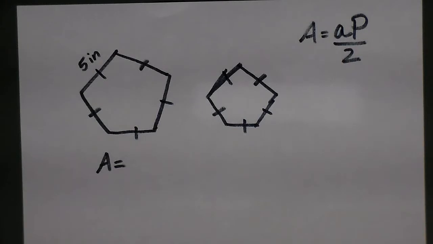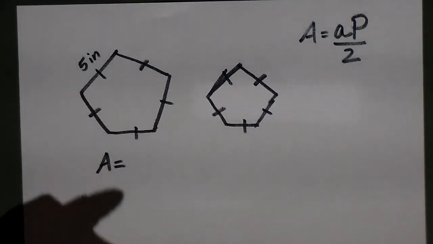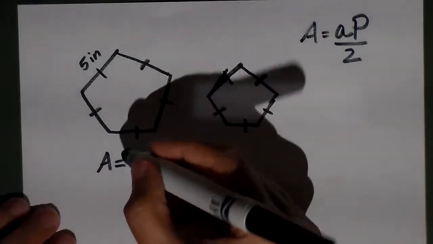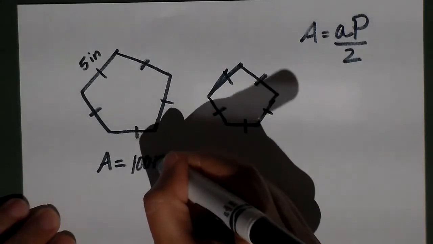So 25 times 3. Okay, here, hold on a second. 5 times. All right, give me a minute. All right, so I'm going to make the area of this regular pentagon 100 inches squared.